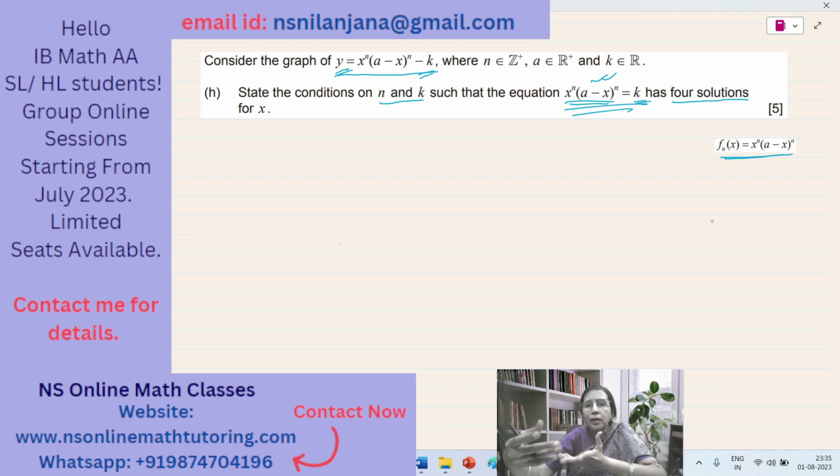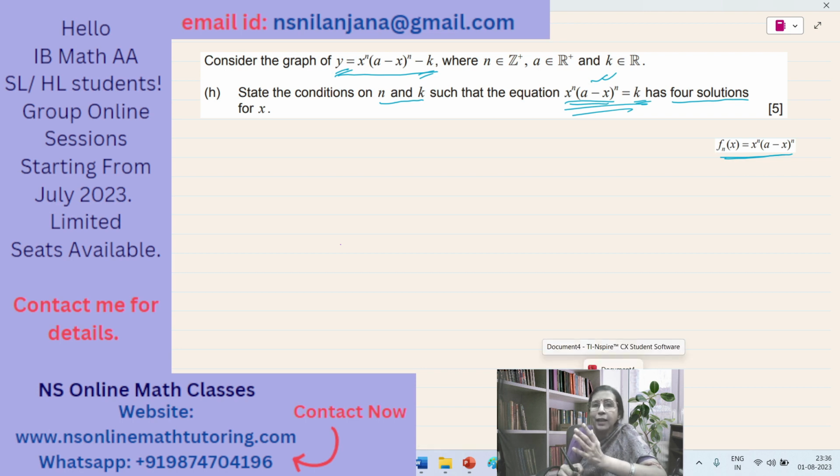It can have any other positive value, means it can be an integer, it can be a fraction. So why not try different values of a? If you are convinced that they will be having the same shape, fair enough. But if you have any doubt, at least you can try one more, taking some other value of a. Let me take a to be equal to 3. Okay. And I'll be taking n equal to 2 and n equal to 3. I'll be taking one even value of n and one odd value of n, just to check whether we are getting some different shape of the graph. Okay.